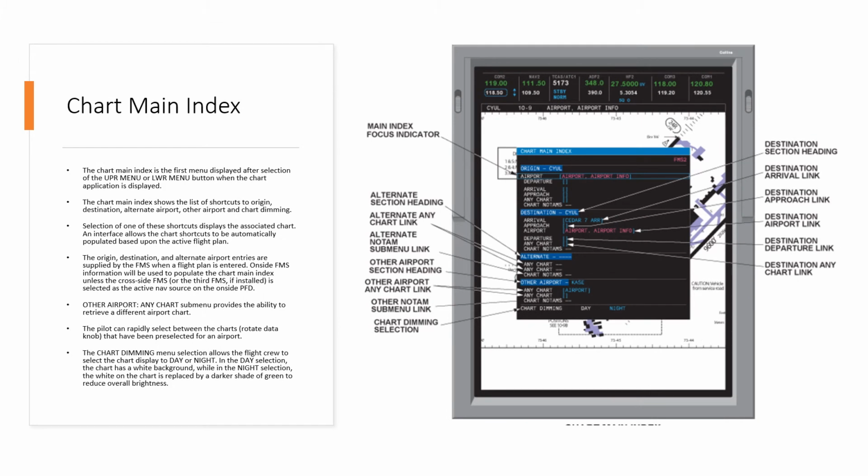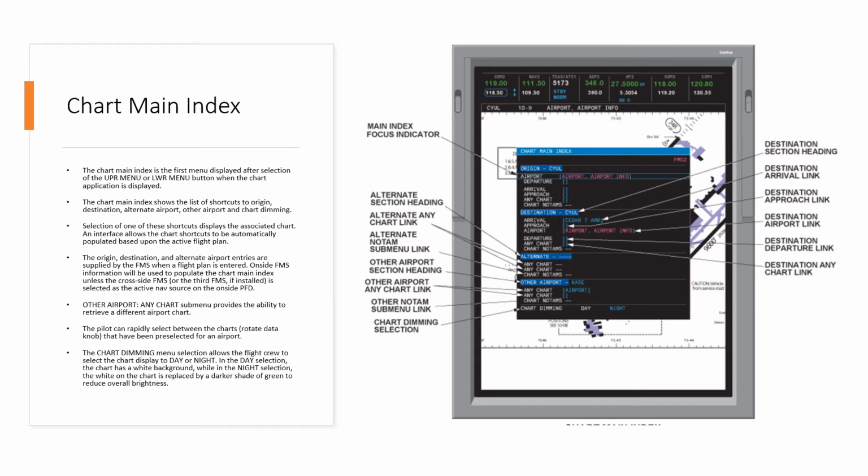The chart main index is the first menu displayed after selection of the upper menu or the lower menu button when the chart application is displayed. Chart main index shows a list of shortcuts to origin on the drop-down menu, alternate airport, other airport and chart dimming capabilities. Selection of one of these shortcuts displays the associated chart, and an interface allows the chart shortcuts to be automatically populated based upon the active flight plan.